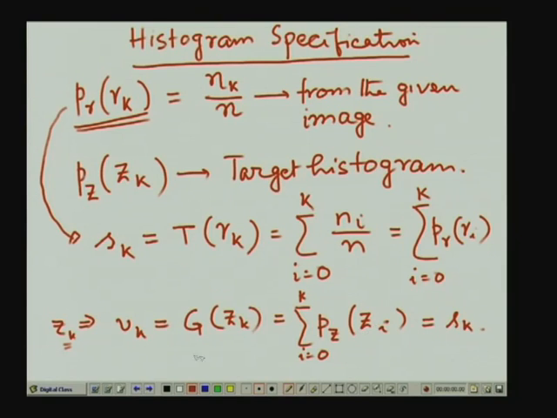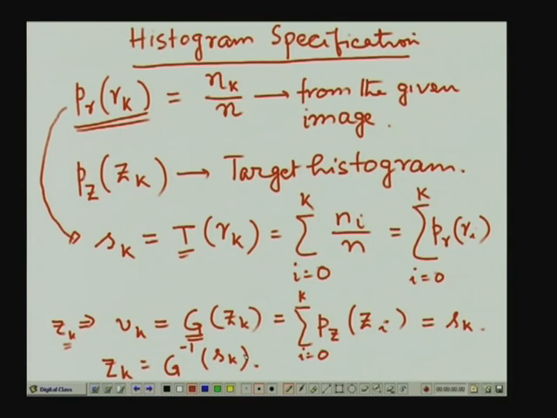And from here, to get the intensity value z_k in the processed image, we have to take the inverse transformation. But in this case, the inverse transformation is not taken with respect to T, but with respect to G. So, our z_k in this case will be equal to G inverse of s_k.